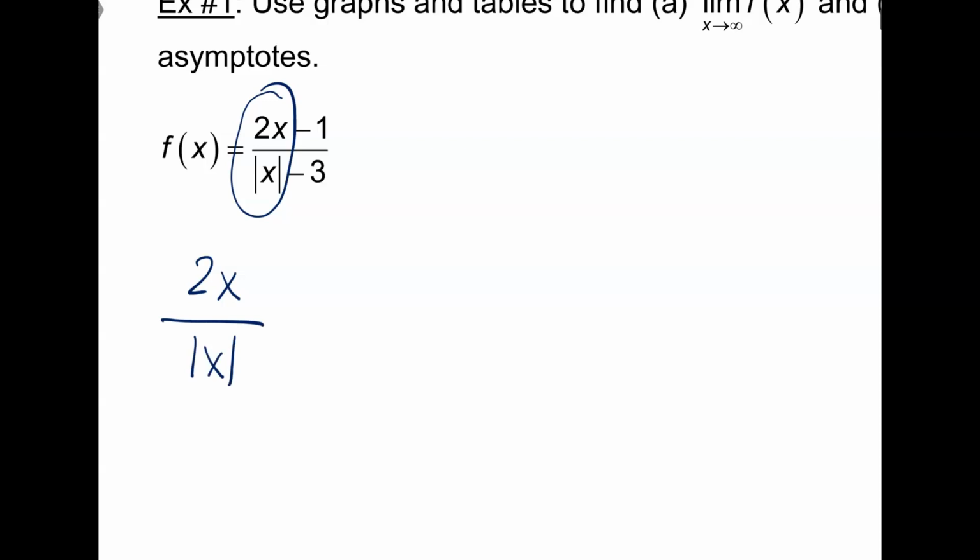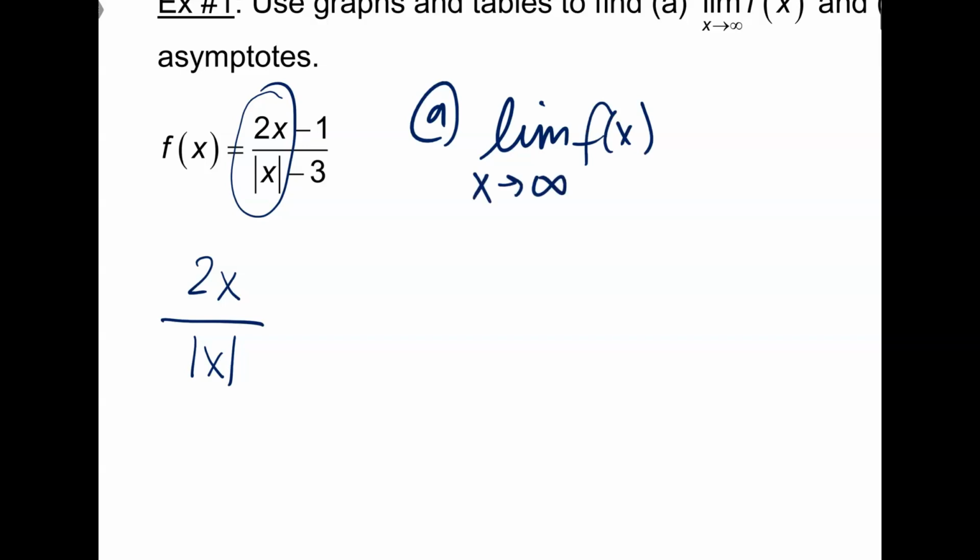So let's put absolute value of x. So this is part A. When I insert a positive number, so let's take the limit of f of x as x approaches infinity. So I have a positive over positive. So this is the case when I have 2x. And if I take absolute value of a positive number, it's going to be regular positive.